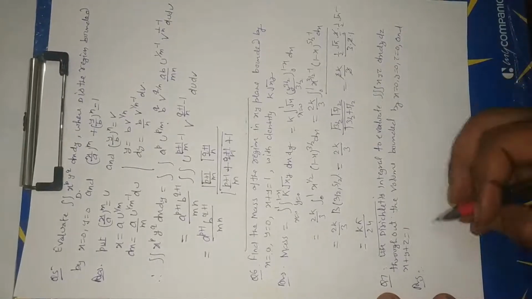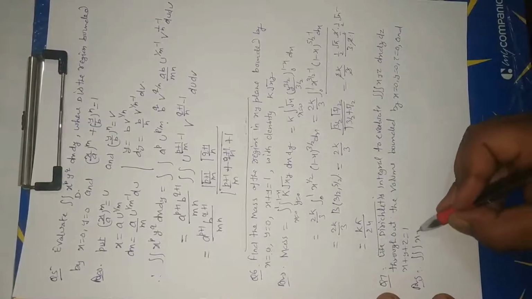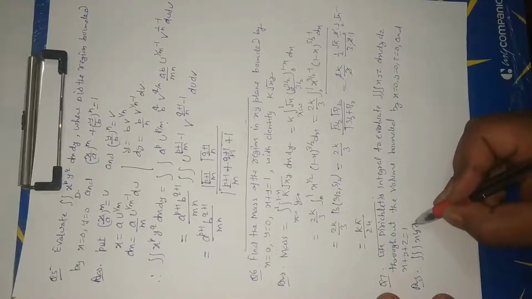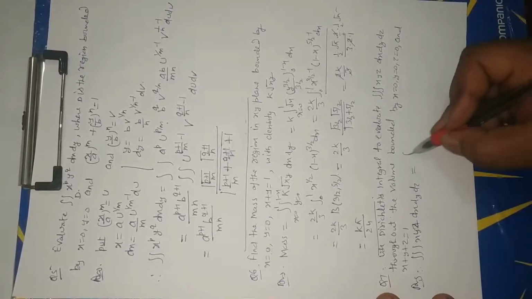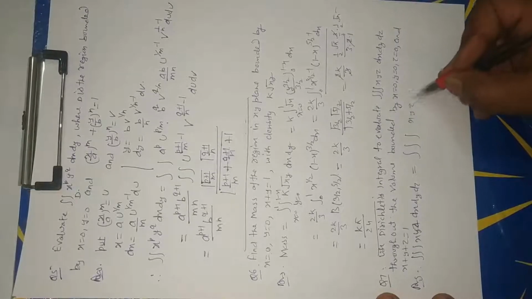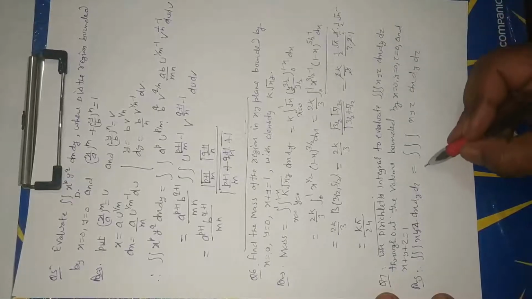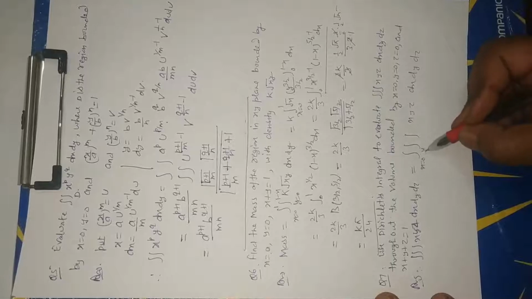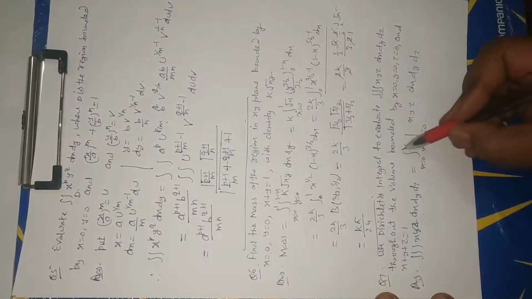Now answer. Triple integration x y z dx dy dz. This is equal to triple integration x y z dx dy dz. The lower limits are x equal to 0, y equal to 0, z equal to 0. The upper limit of x is 1.